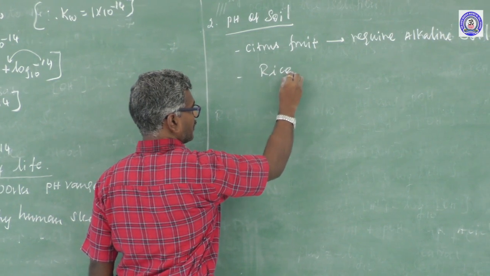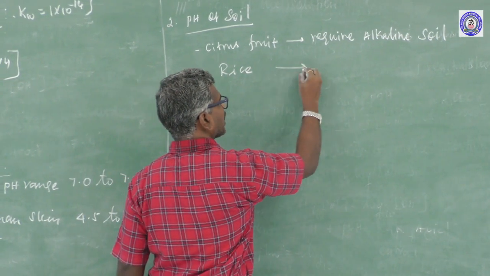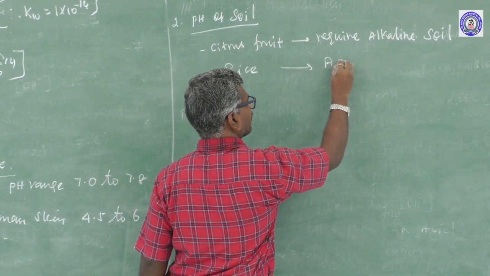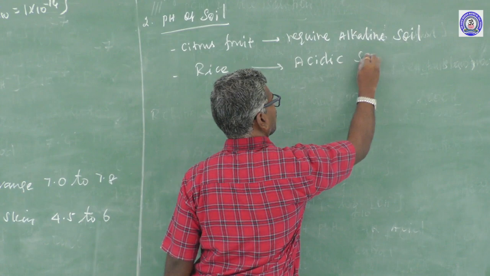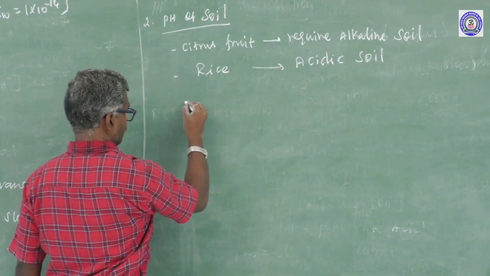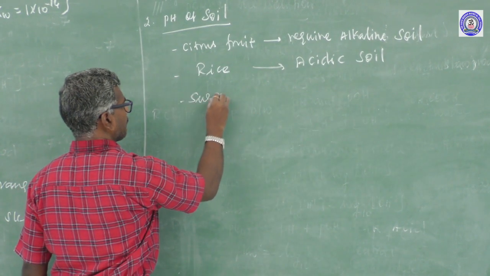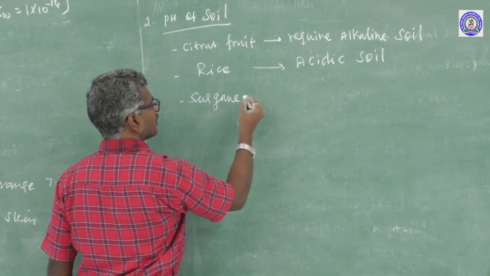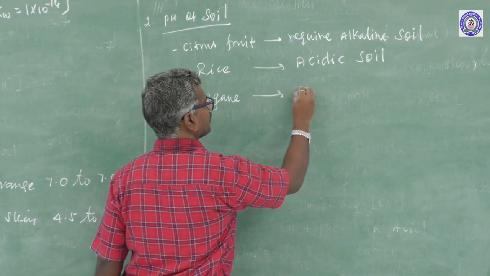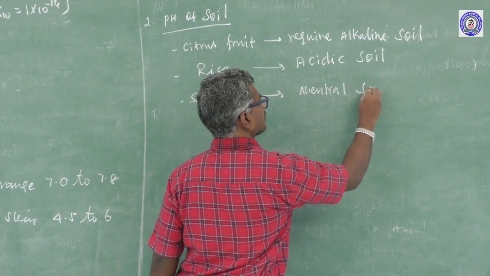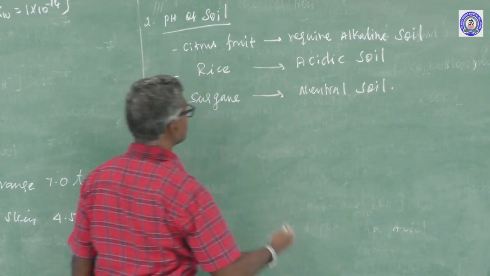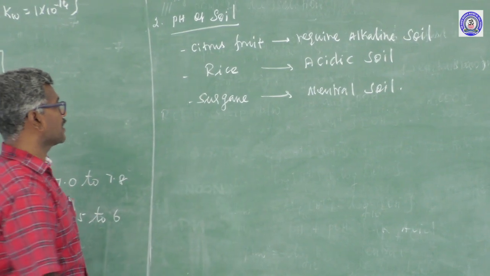Rice is acidic, which requires acidic soil. Sugarcane is neutral, which requires neutral soil. This is known as pH of the soil.